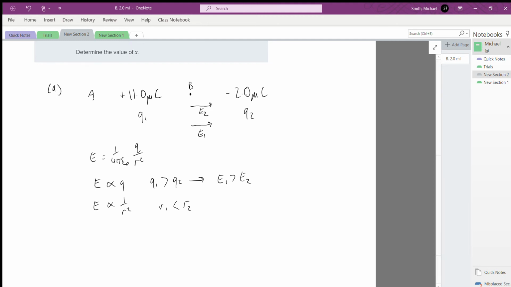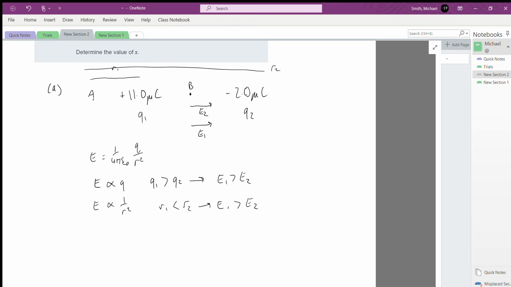If we were to draw this on our diagram, this would be R1, and the distance to Q2 would be R2. So since R1 is much smaller than R2, that means that the electric field, if we're only considering the distance, would be greater for charge Q1. So here, if we just consider the distances, then the electric field due to charge Q1 will be greater than the electric field due to charge Q2.